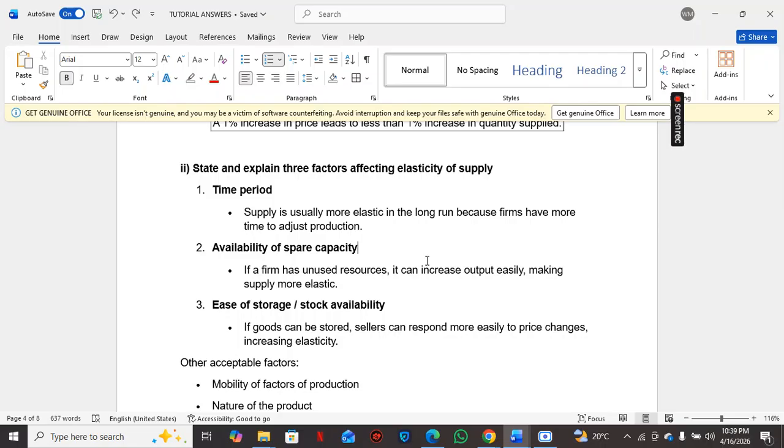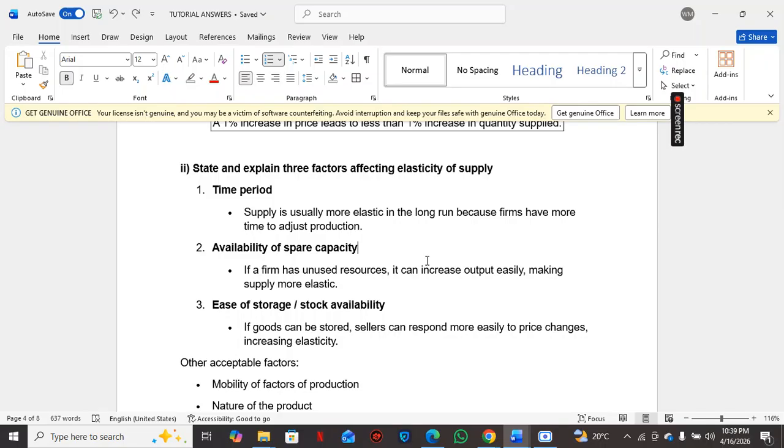And then finally, ease of storage or stock available. Again, we use another farm example. If you're a farmer and you've got a warehouse with a lot of maize, and the price of maize increases, you can sell everything in your warehouse, meaning you've boosted your quantity supplied.